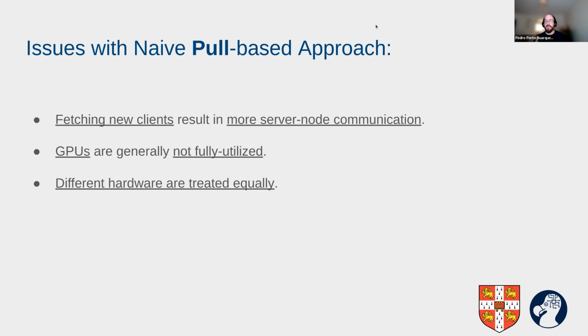Also, by allowing workers and nodes to each sample from this queue, you are basically allowing hardware to be treated equally. And that's not good, because you can end up assigning a very large client to a worker that is not very fast. This, in the end, will hold up the end of your round, and you still have some GPUs that are just idle.